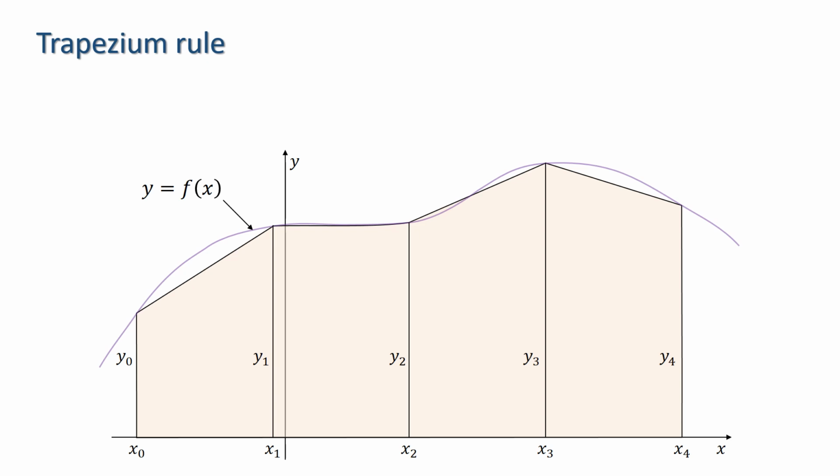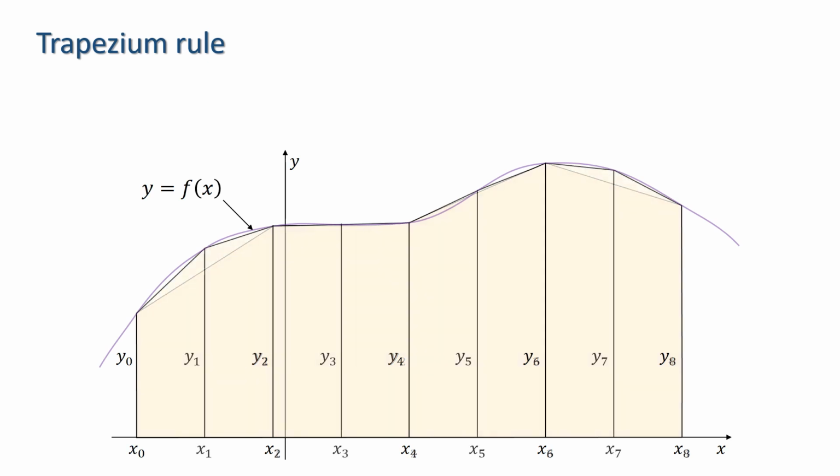It's clear that if we take smaller intervals and thus more trapezia, this estimate will improve. For example, here we have doubled the number of points. Let's think how we would proceed by first considering a single trapezium of width h.